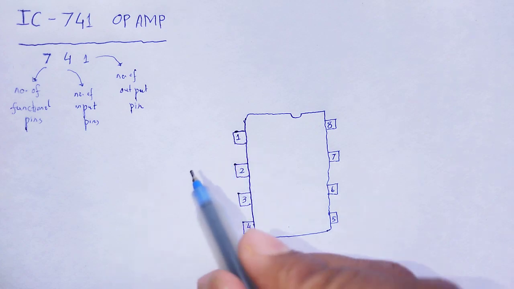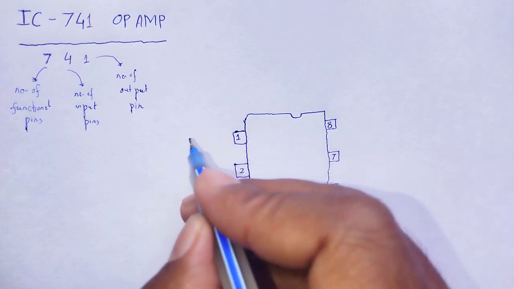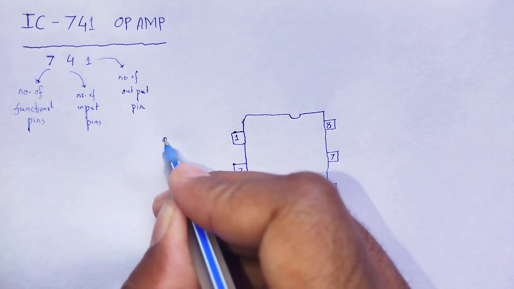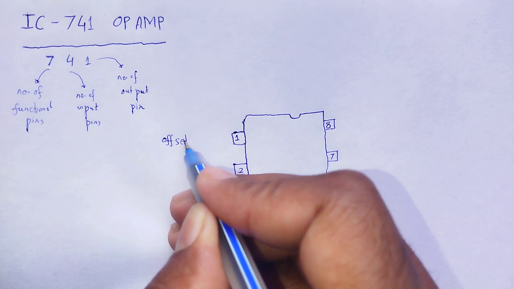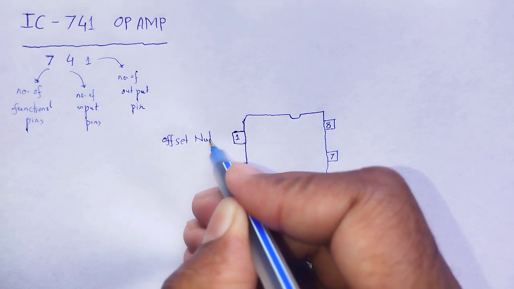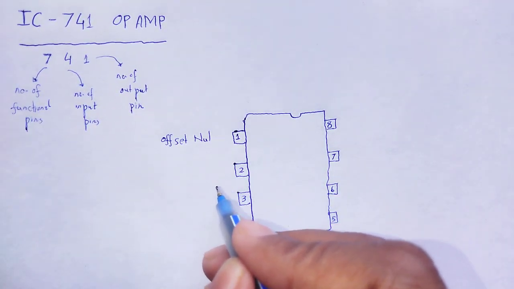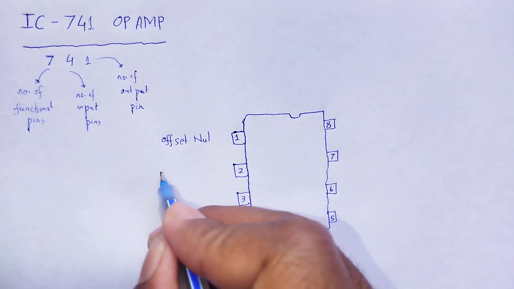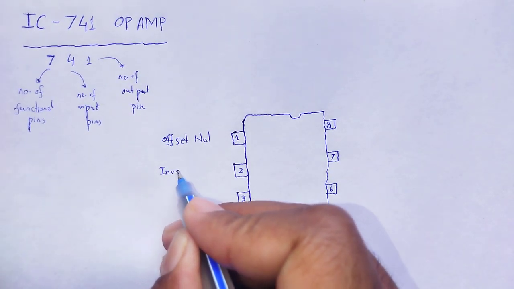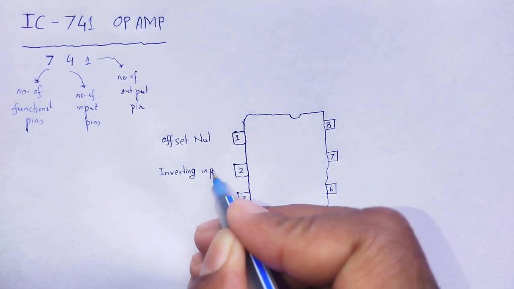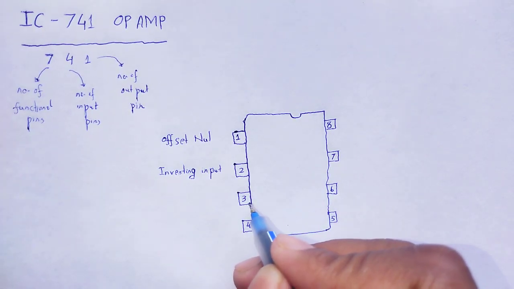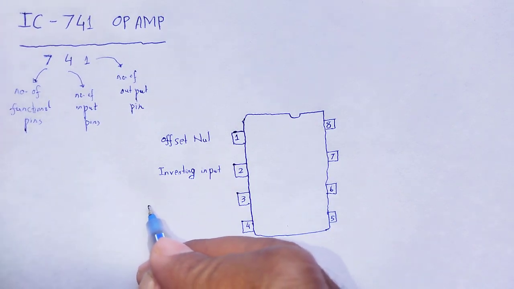Pin number 1, that is offset null. Pin number 2, inverting input. Pin number 3, non-inverting input.